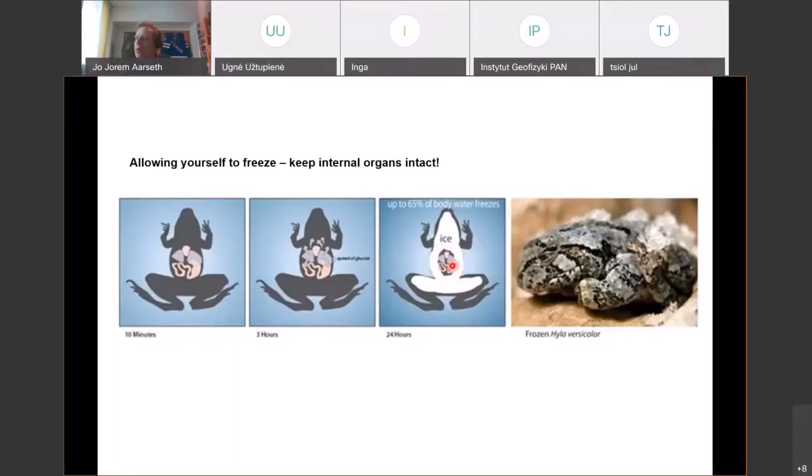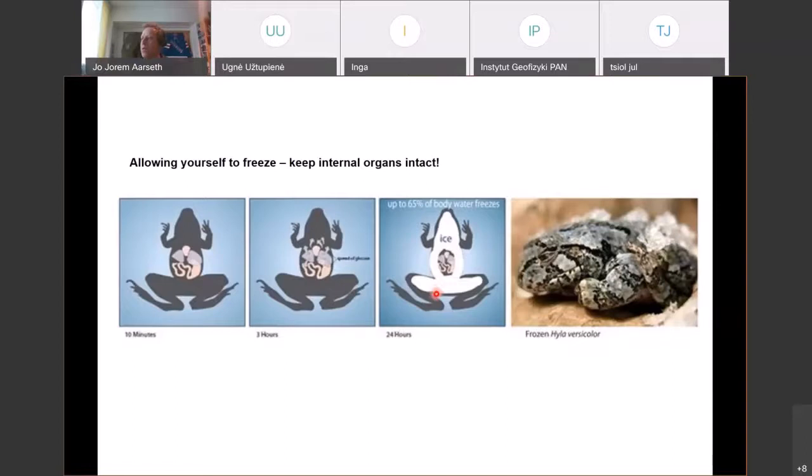organs. So after 24 hours, this tree frog is now frozen, where up to 65% of the body water is frozen. And then it will just hibernate in this almost no activity whatsoever in any cell, but actually enough that it will survive.